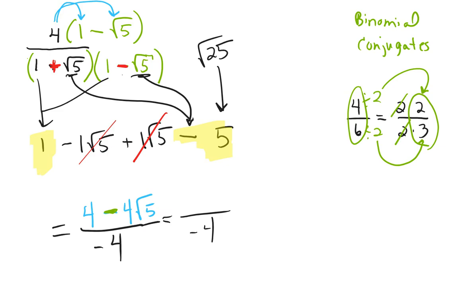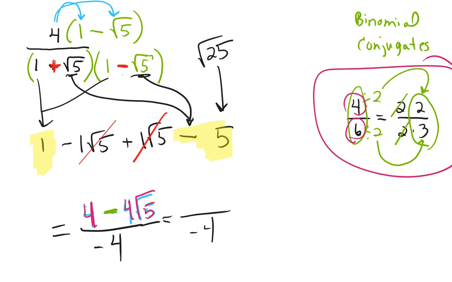When you're looking at this 4 and this 4 square roots of 5, those are two separate terms. You have to ask yourself, what do they have in common? A 4. Just like when I'm looking at the 4 and the 6 here, I know they're a numerator and a denominator, but when you're simplifying this mess over here, you're looking for what's common to both the numerator and the denominator.